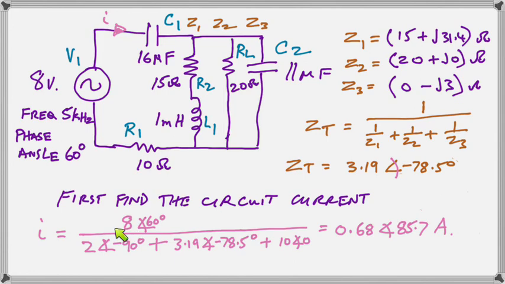So the first one here is just the reactance of C1. Then we have our parallel impedance that we just worked out for Z1, Z2, and Z3. And then finally we have the 10 ohm resistor that completes the circuit back to the source. And that gives us a total circuit current of 0.68 with an angle of 85.7 degrees.